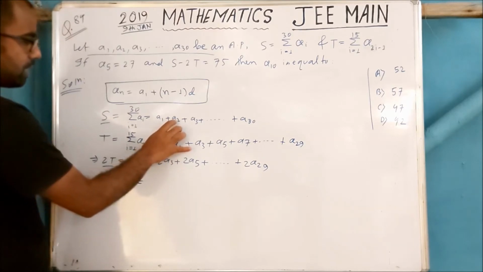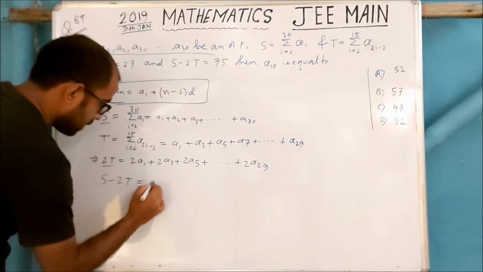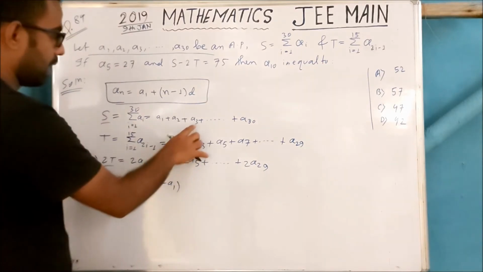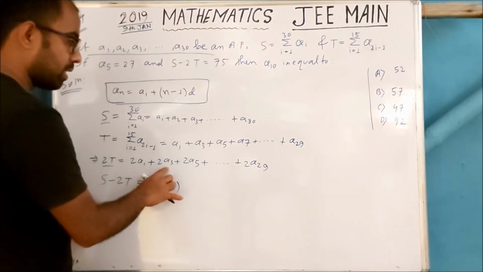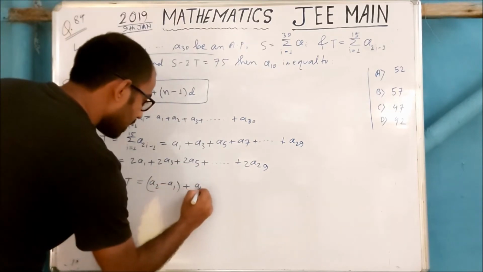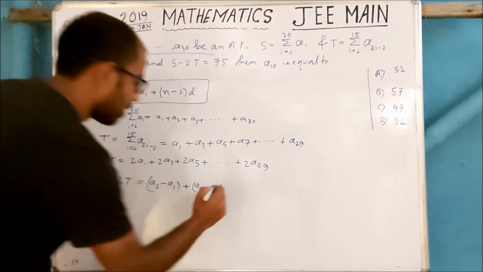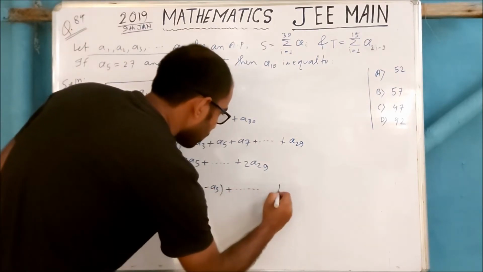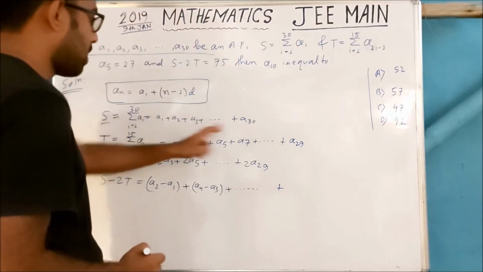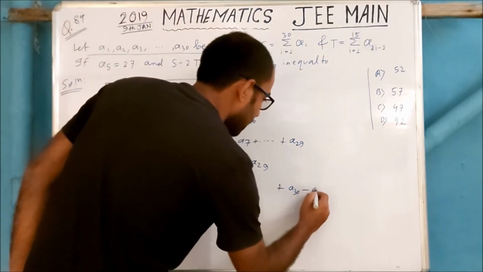Here you see that this is A2, but there is no A2 here, so we arrange the term as A2 minus A1. Again A3 minus 2A3, that is minus A3, but A4 is here and not there, so you can write A4 minus A3. Similarly, we can write all the terms in this form. Here you see that the last term of the S series, A30, is an even term, so A30 minus A29.